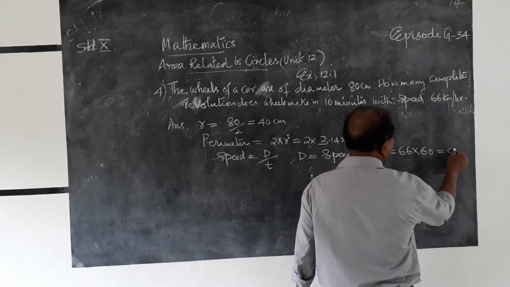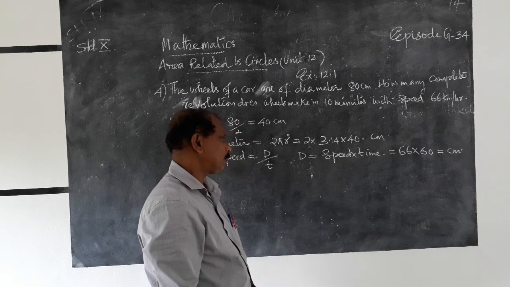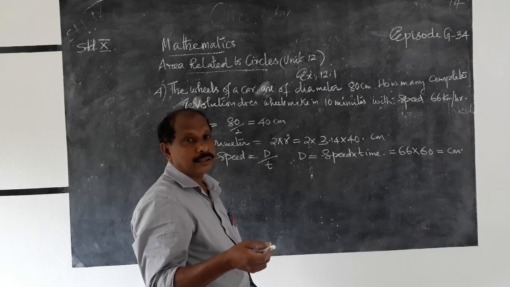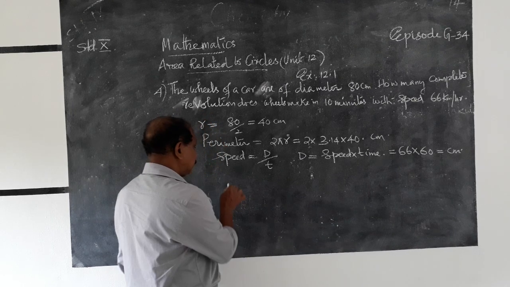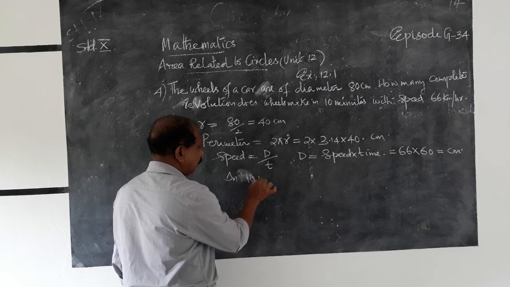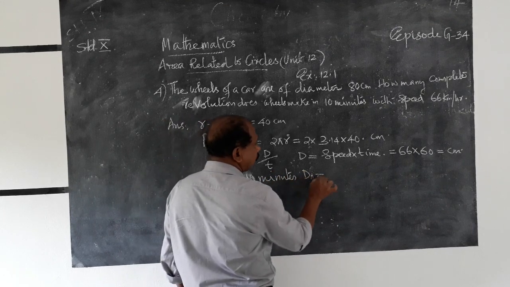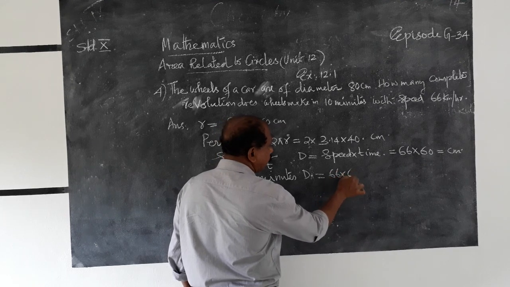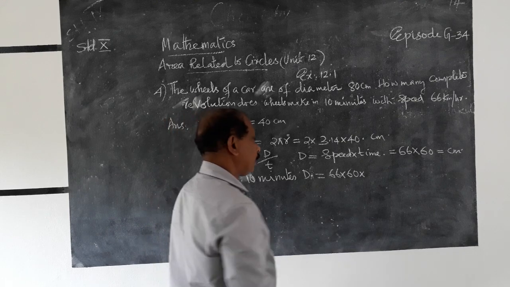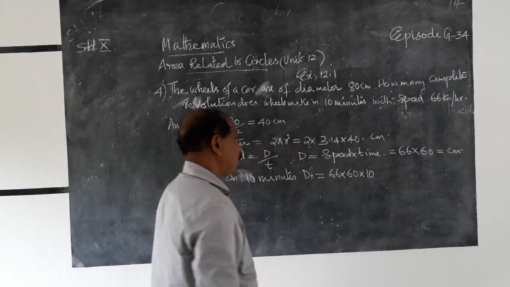Then in 10 minutes, D is equal to 66 into 60 into 10, since 1 hour is 60 minutes. That is the distance.